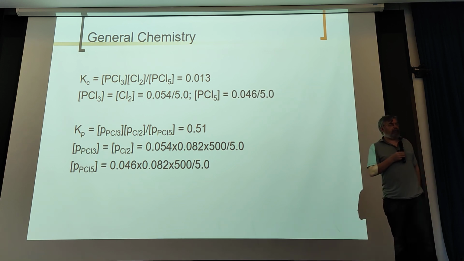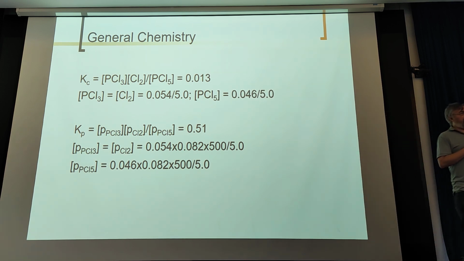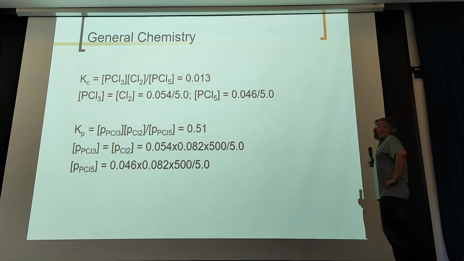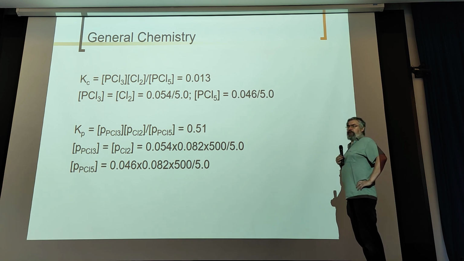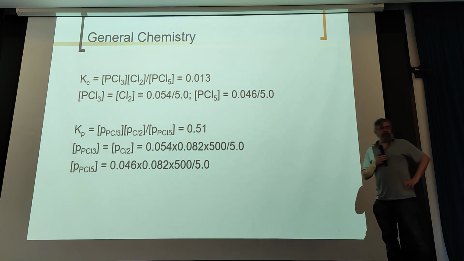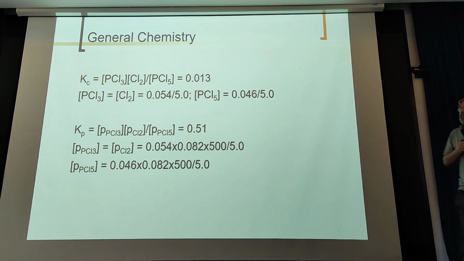We divide every time the amount of mole by the amount of liter. And Kp we can also calculate from the partial pressures, but also we could convert Kc to Kp. And you can see Kp is 0.51. The pressures are calculated in the expected way.